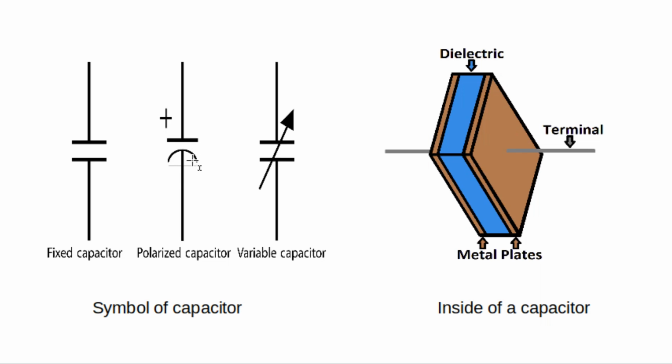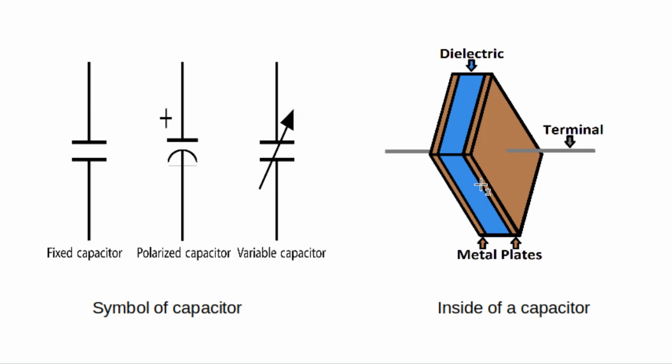But for a polarized capacitor, we have to connect the positive and negative terminals according to the positive and negative side of the voltage in the circuit. If we connect differently, it may damage the capacitor. And this symbol is that of a variable capacitor, which means its capacitance can be varied.